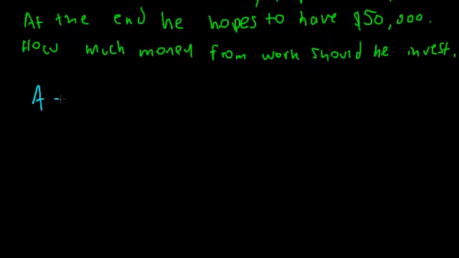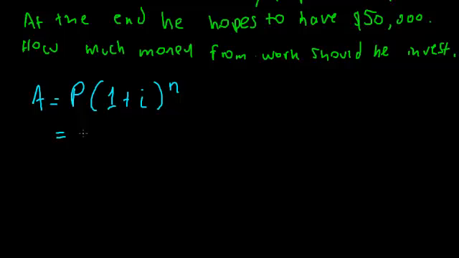The amount is equal to the present value into 1 plus the interest to the power of n, which is the number of periods.